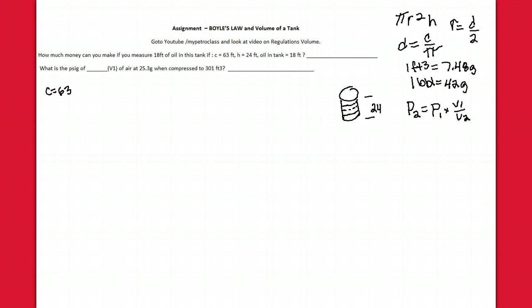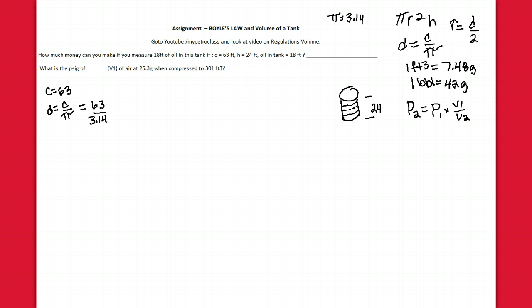Okay, and then we need to find the diameter next. So diameter is equal to C over pi, and pi is equal to 3.14. So D is going to be equal to 63 over 3.14. Let's divide that.